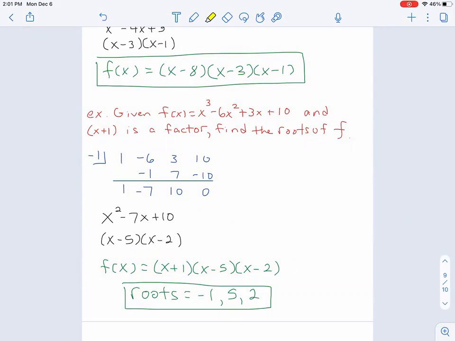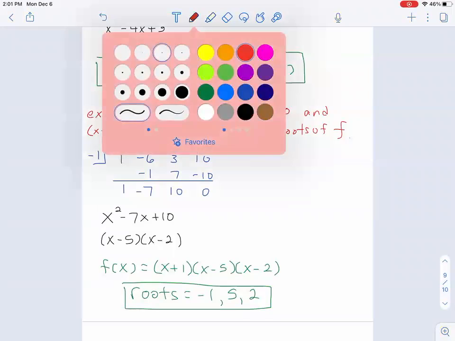So we're going to expand on that idea of synthetic division today. So why don't you write down this one problem that we're going to do.